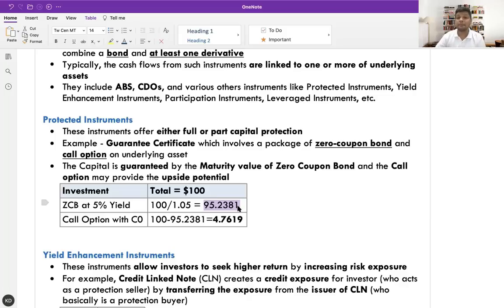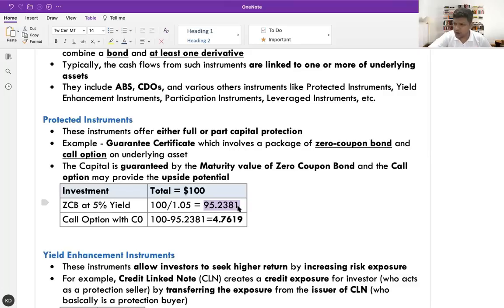So $5 plus the 100 which I'm going to get, right? So my return will be 5% on the overall investment: 100 from the zero coupon bond plus the 5% return from the stock market. But if the investment becomes zero, I still get my principal back. So the minimum return that you get is 0%, not below that, but the maximum can be anything. Clear?